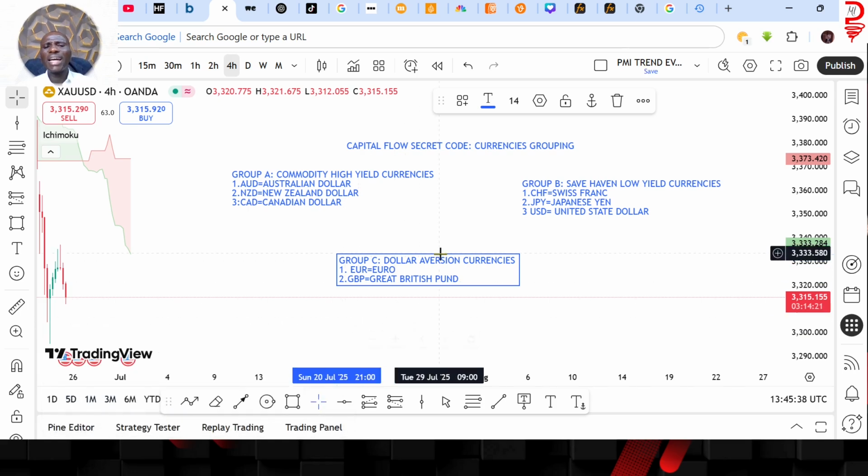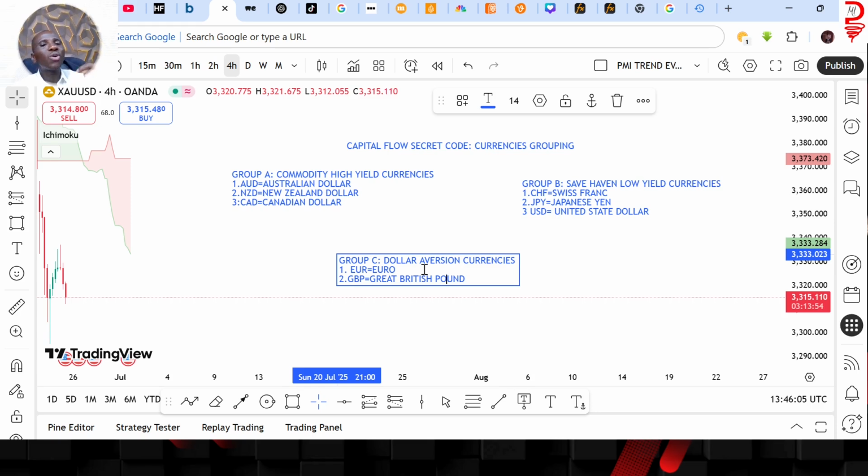Now, when there is dollar aversion, these two currencies, especially euro, is going to attract capital flow. This is pound, okay? Capital flow. And of course, you want to take note of this, such that most of the time when dollar is falling, you will see that euro will be rising.